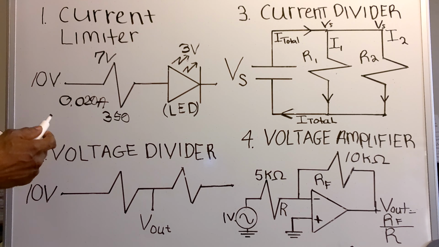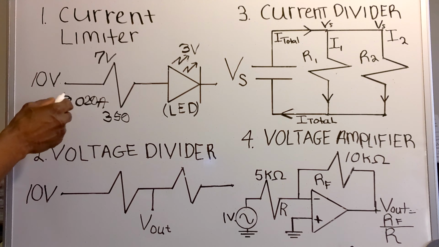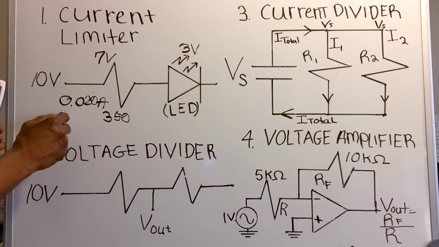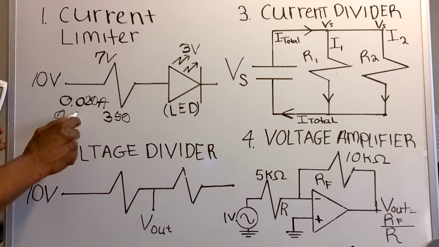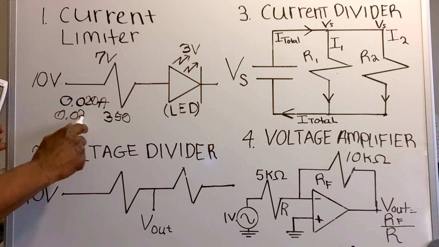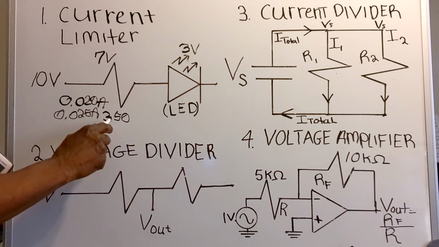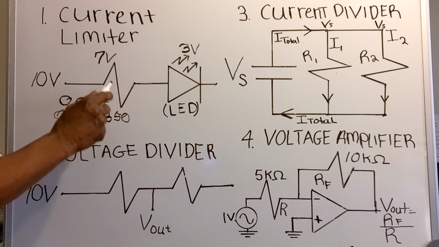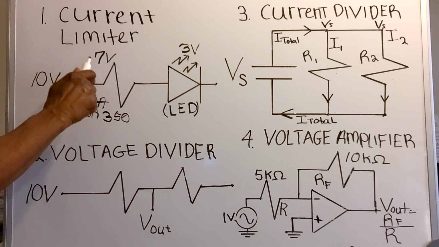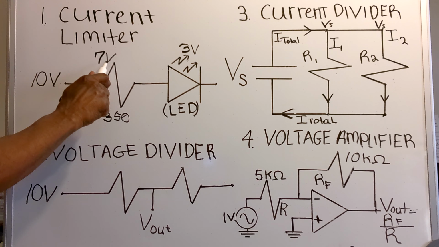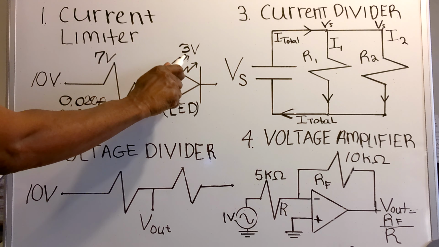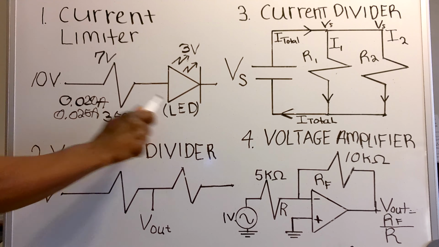If I wanted, let's say, 25 milliamps or 0.025 amps, what would the resistance value be here? Well, I will still have my 7 volts across the resistor, and I will still have my 3 volts across the LED.